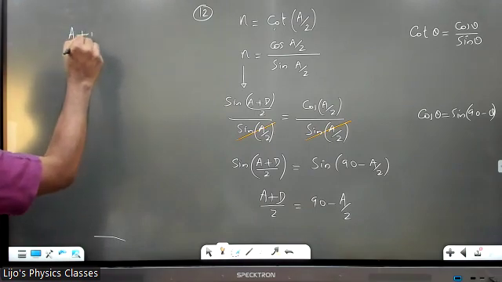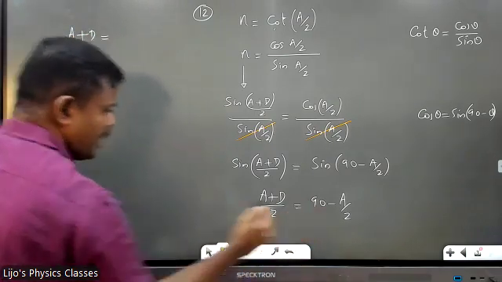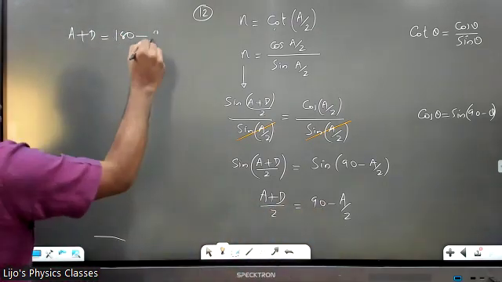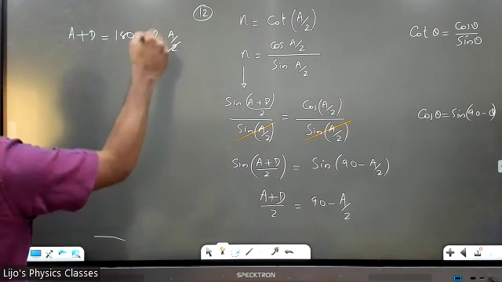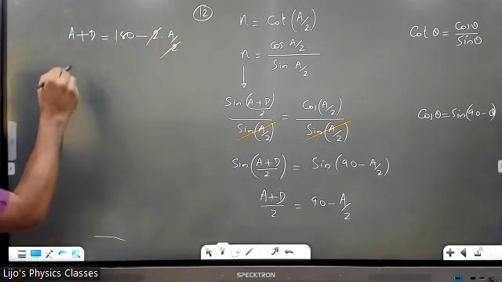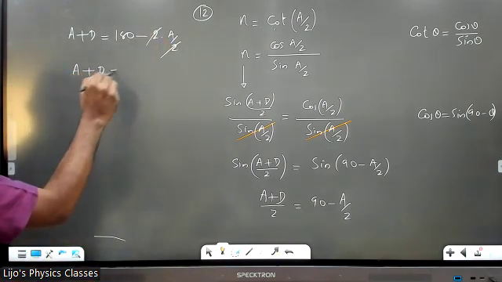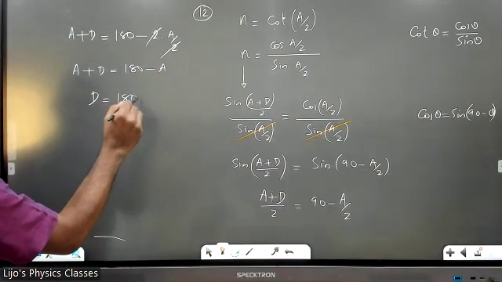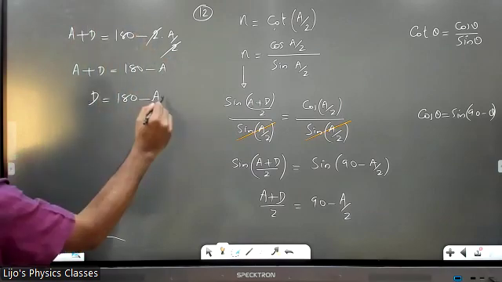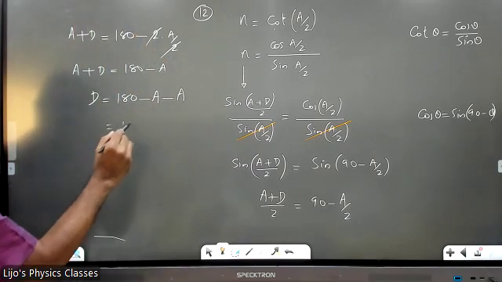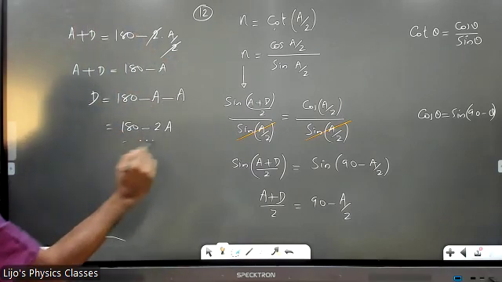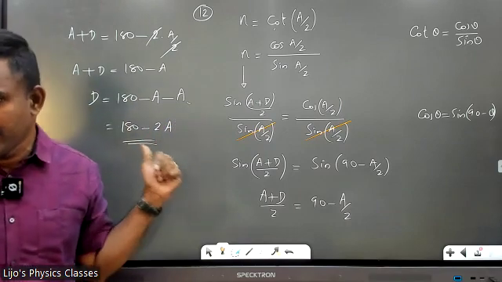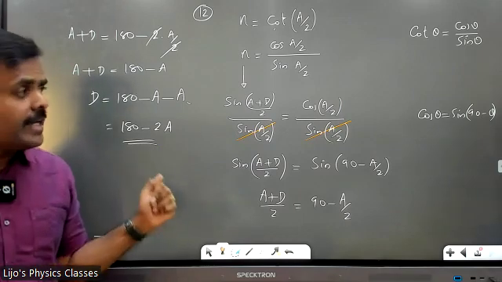A plus D is equal to 2 into 90, which is 180, minus 2 into A by 2, that is A. So A plus D is equal to 180 minus A, or D is equal to 180 minus A minus A, that is 180 minus 2A. The angle of minimum deviation is equal to 180 minus 2A.